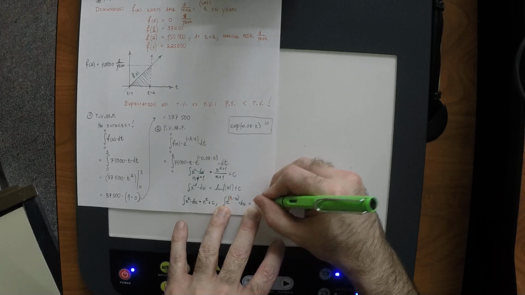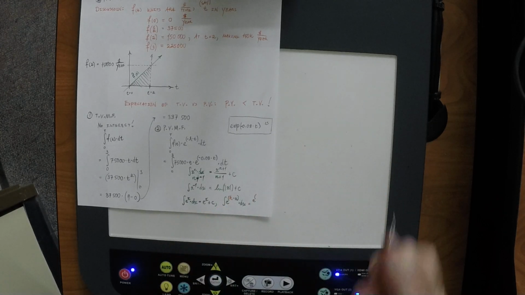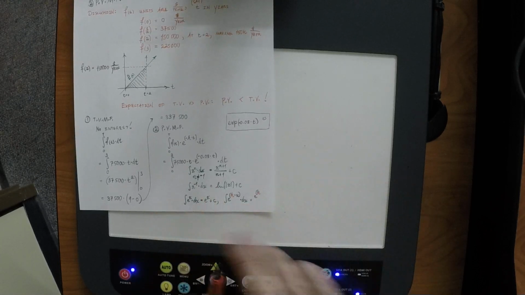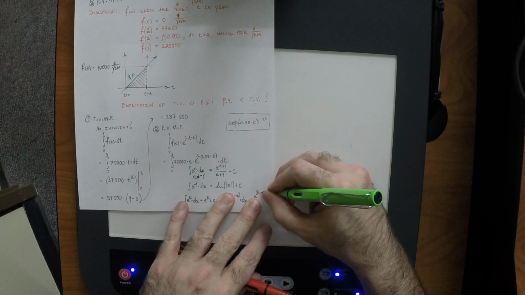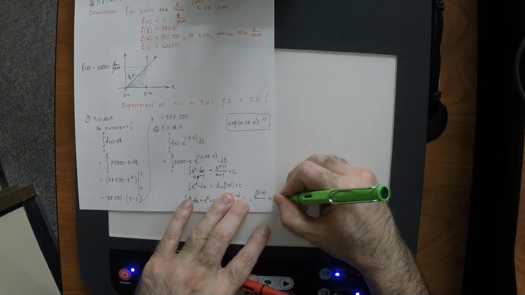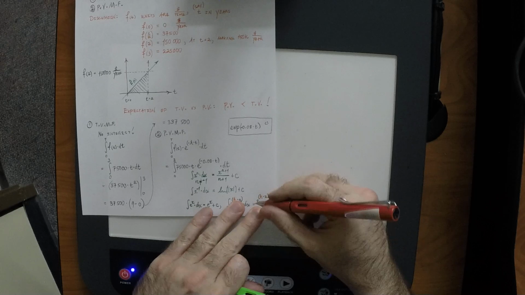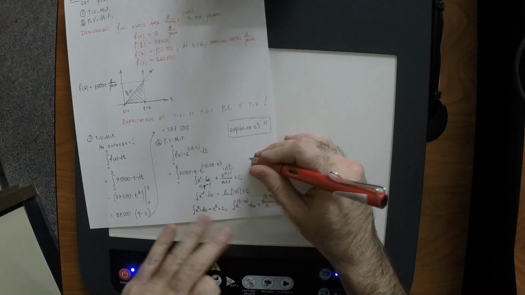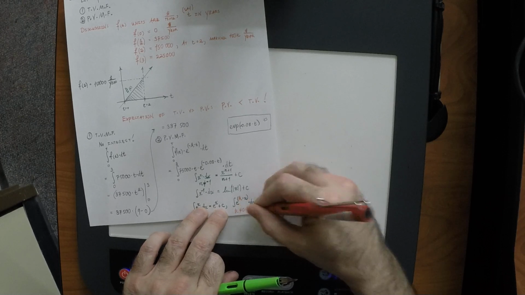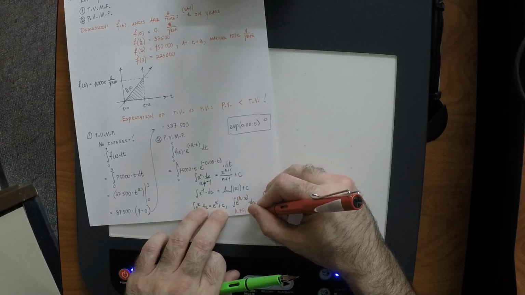Very good. Exponential of kx over k. Of course, the requirement is that k is not 0 and constant, and it is constant.